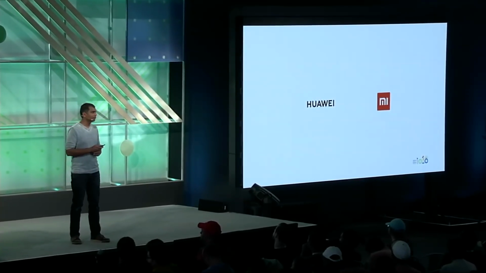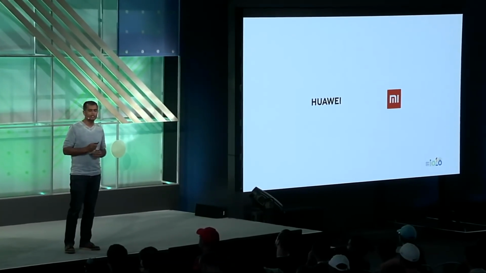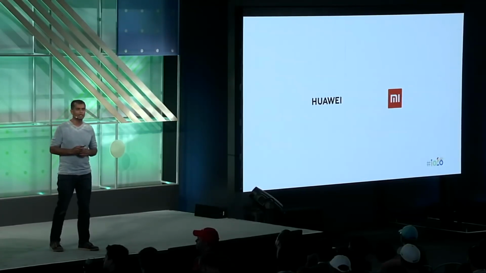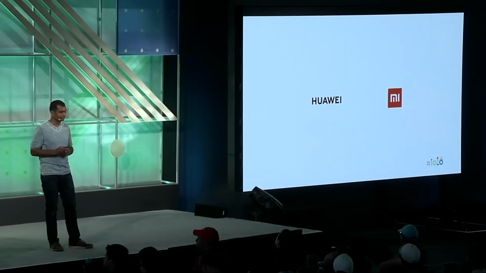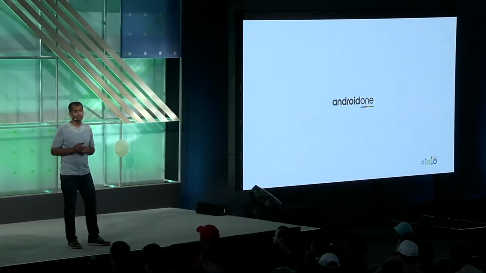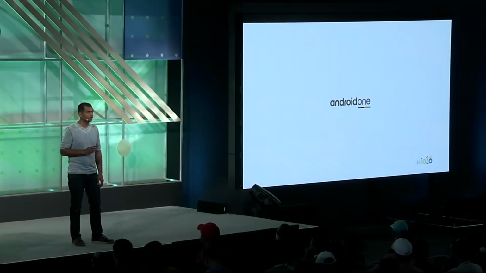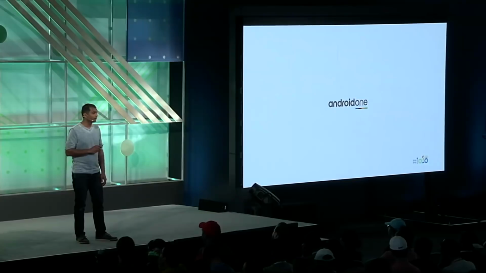So later this year, you'll see devices from both Huawei and Xiaomi supporting this new multi-camera API on upgraded and new devices. And finally, the Android One team. We worked with manufacturers from this team to ensure that this API works across all tiers of Android and is not exclusive to just the high tier.